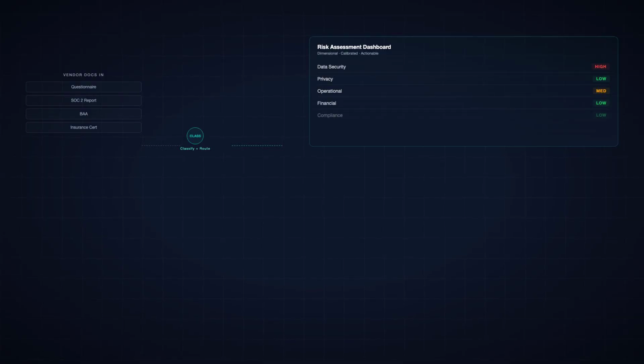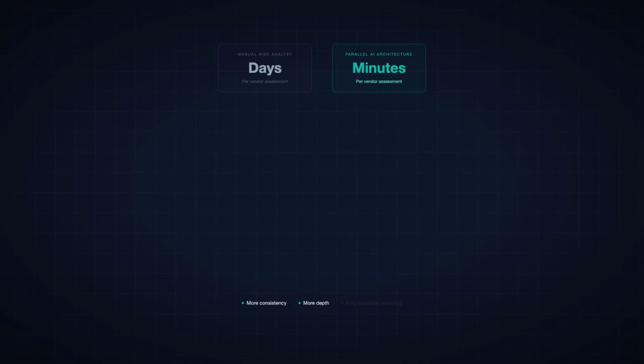A classified, parallel, synthesized risk assessment flows out. What takes a risk analyst days, reading questionnaire responses, cross-referencing SOC2 reports, mapping regulatory requirements, the parallel AI architecture completes in minutes, with more consistency, more depth, and fully traceable reasoning across every risk domain.